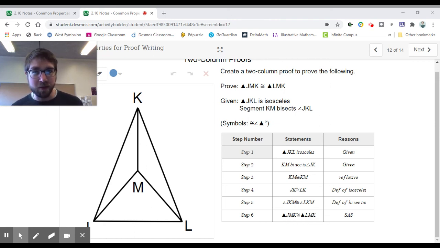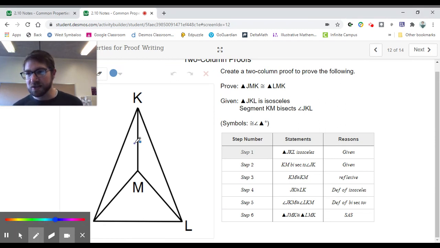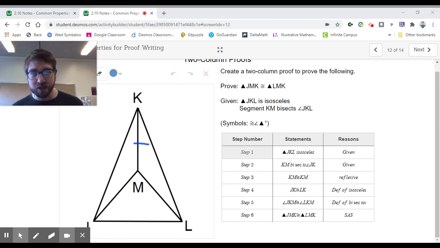After that, what else do I know in this picture? I think I see the reflexive property, don't you? Segment KM is congruent to segment KM. That's this one right here. Also, because JKL is an isosceles triangle, I know that two of its sides are the same.